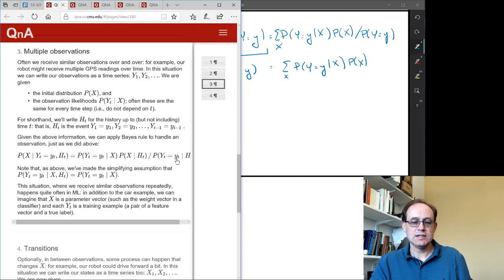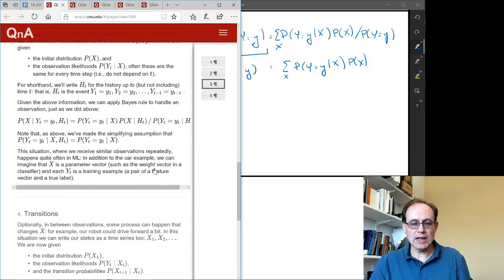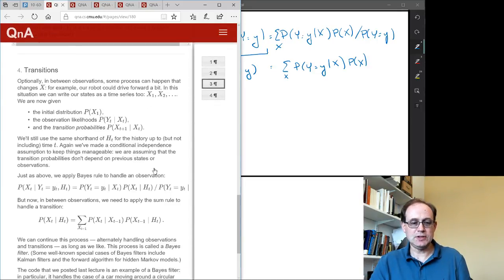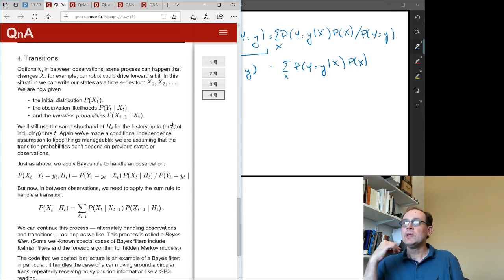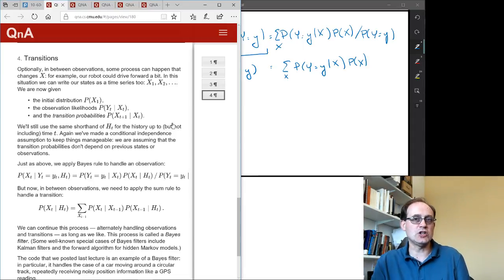All right, so one last wrinkle to get up to the code that we looked at last lecture, which is transitions. So in the case of a parameter vector, we would typically assume that the parameter vector doesn't change over time. But in the case of a robot with a GPS attached to it, the robot could move.